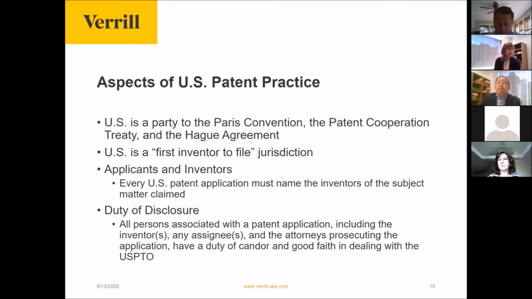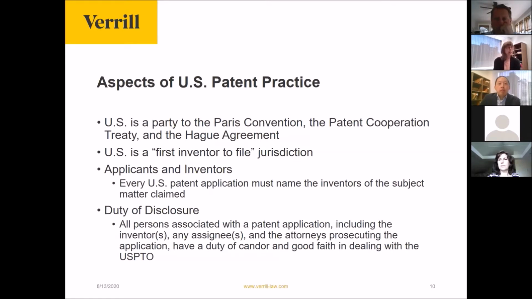So the U.S. is a party to a number of foreign conventions and treaties, and probably the most important one is the Paris Convention. The Patent Cooperation Treaty is also important for patents.